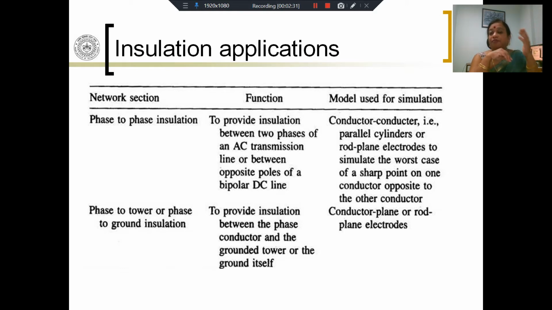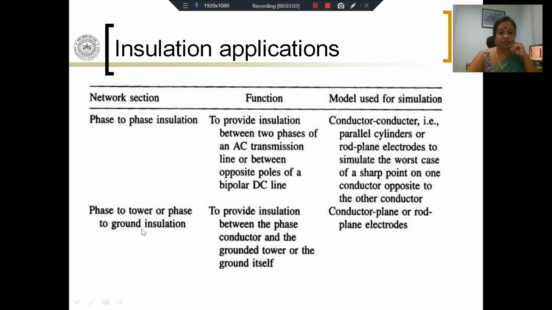That is what I have been doing throughout my explanations, because this is the worst case scenario. The needle plane electrode basically simulates a very sharp point on a conductor. The conductor in itself may be a parallel cylinder kind of conductor, but the sharp point is of interest because breakdown is going to initiate from that sharp point, and so that is the worst case scenario where we simulate the conditions with the needle plane electrode.